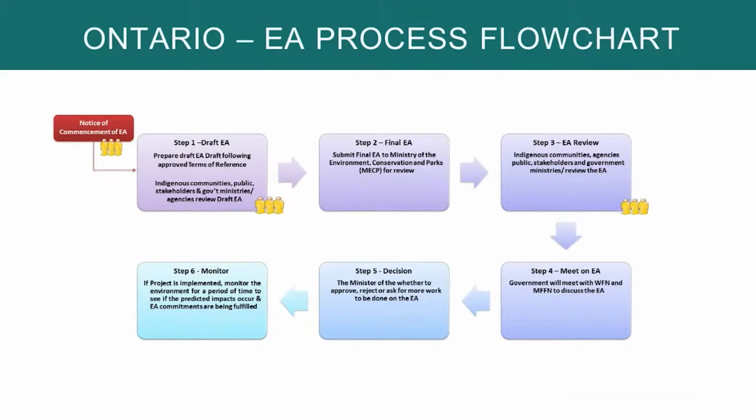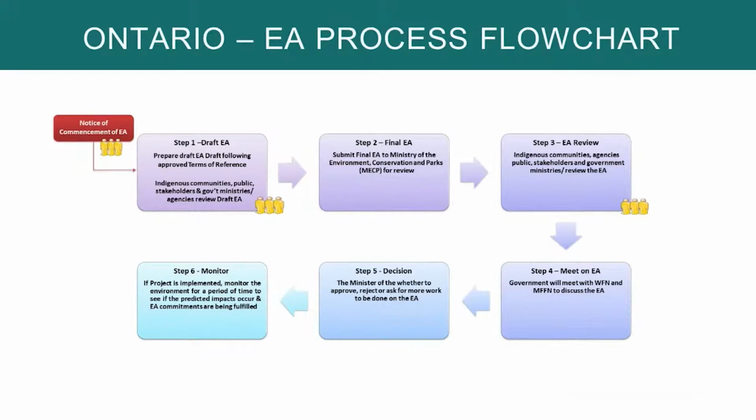Again, it's another review process where Indigenous communities, agencies, the public, the stakeholders, and government ministries review the EA. So there are actually 2 different public review and engagement processes, where these drafts get floated out. Everybody gets to take a look at it and comment, and it gets incorporated and floated out again to the public for review.